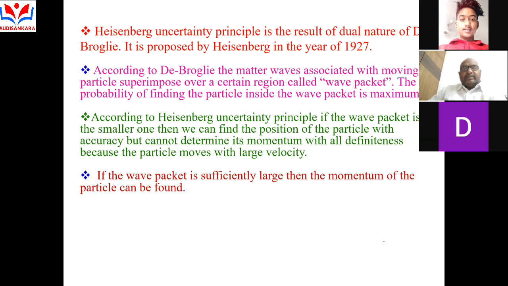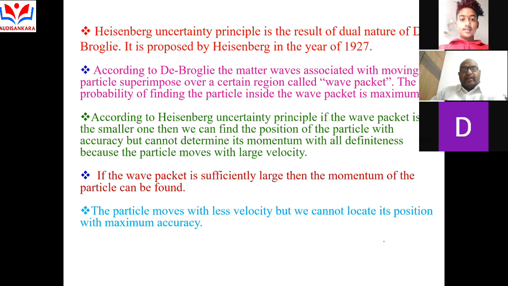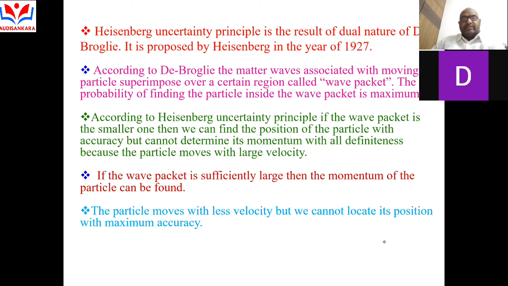If the wave packet is sufficiently large, then the momentum of the particle can be found. The particle moves with less velocity, but we cannot locate its position with maximum accuracy.